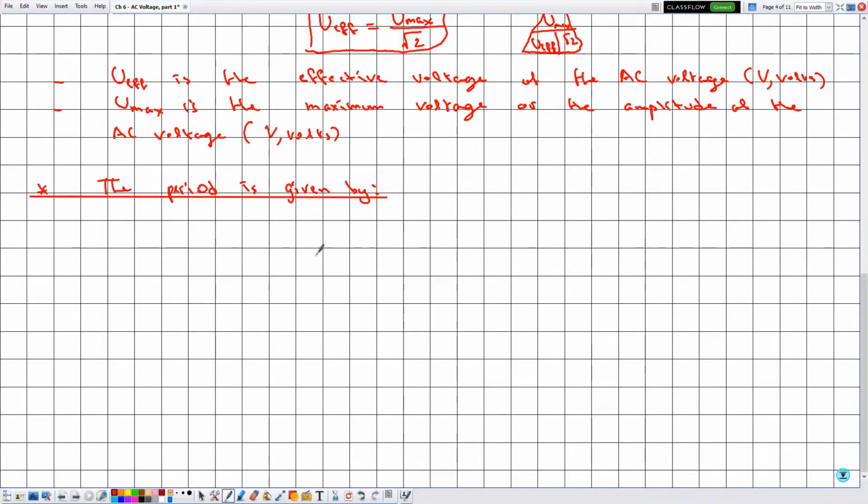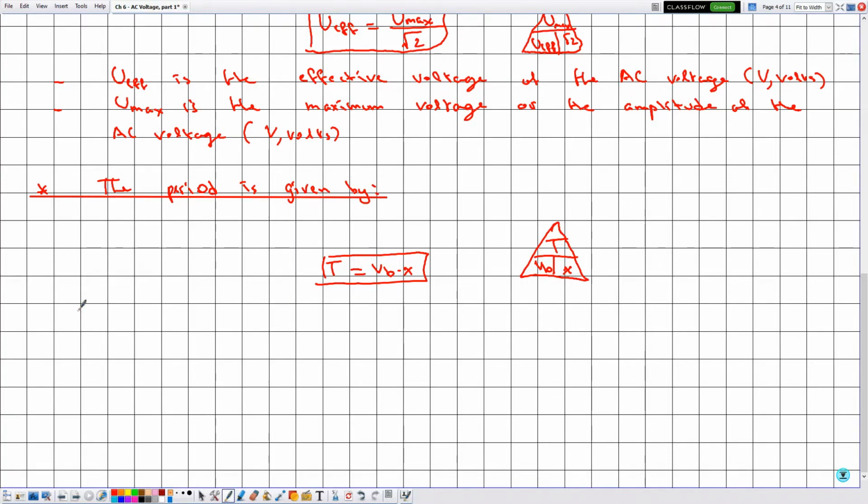Let me say that the period capital T is given by VB multiplied by X. What does each quantity represent? Okay, before, let me construct the triangle. So here, because we have multiplication, the period will be at the top, this is VB, this is X.